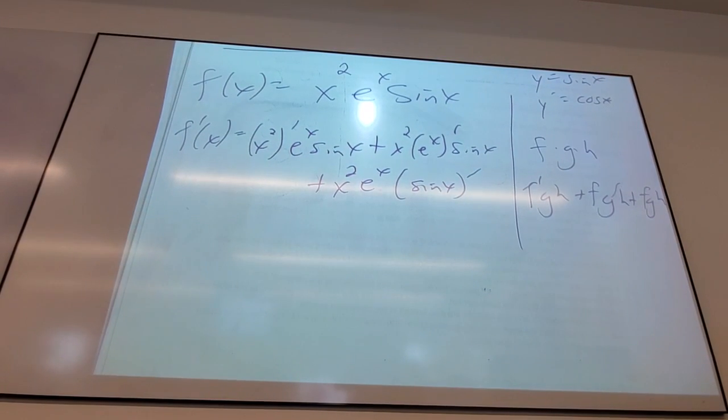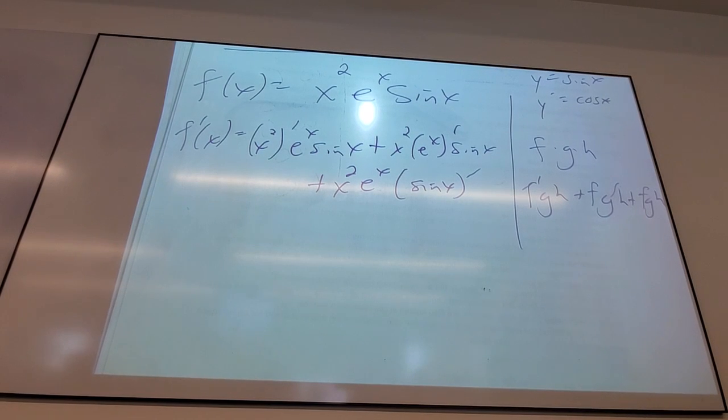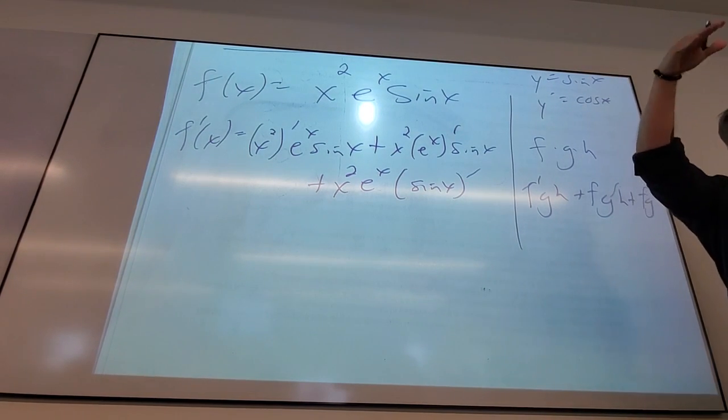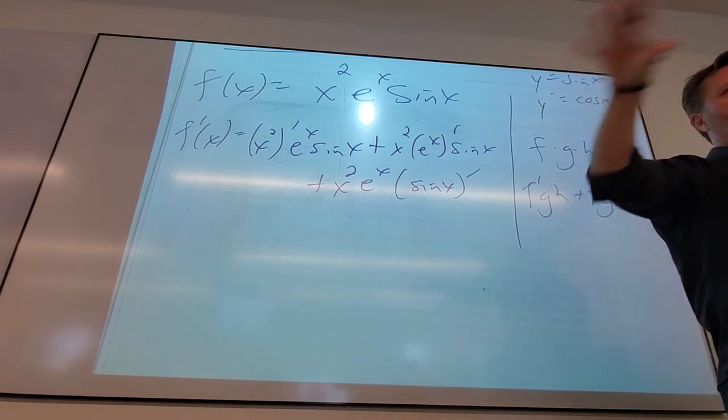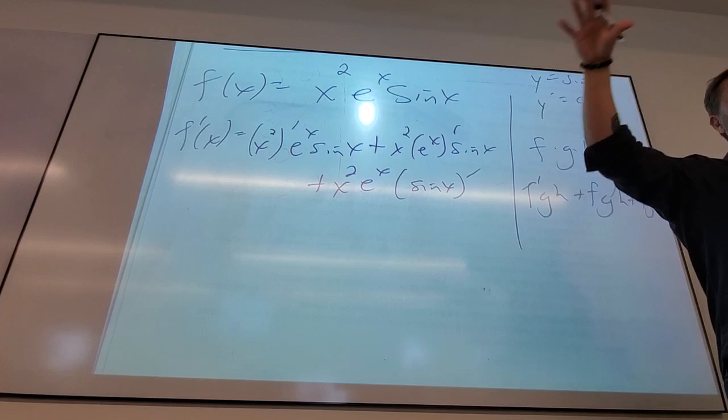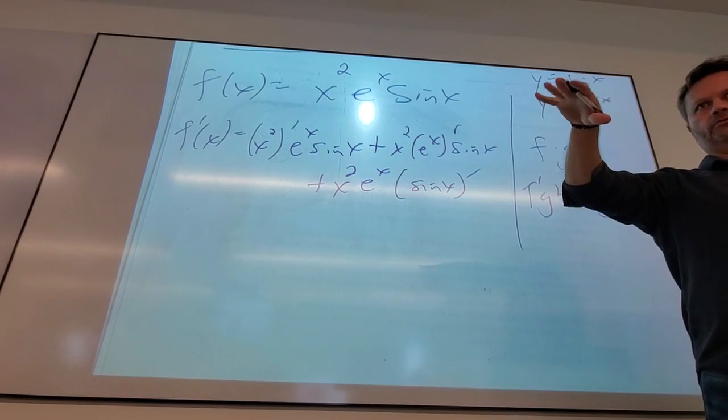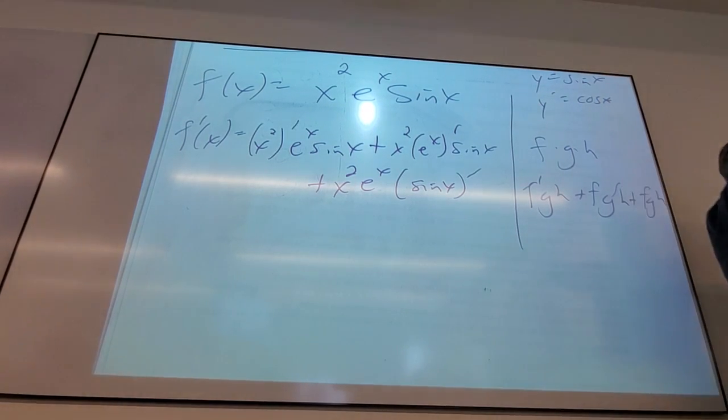Product rule is kind of cool, and you just have to remember, for every rule we learn, you never take the derivative of everything all at once, ever. Each thing gets its own term. Every rule we learn is going to have that as a central part of it.